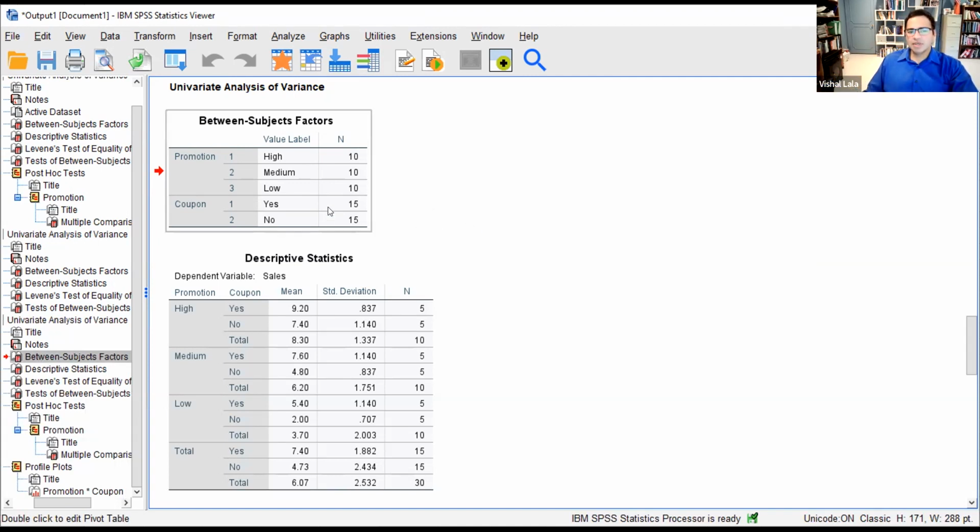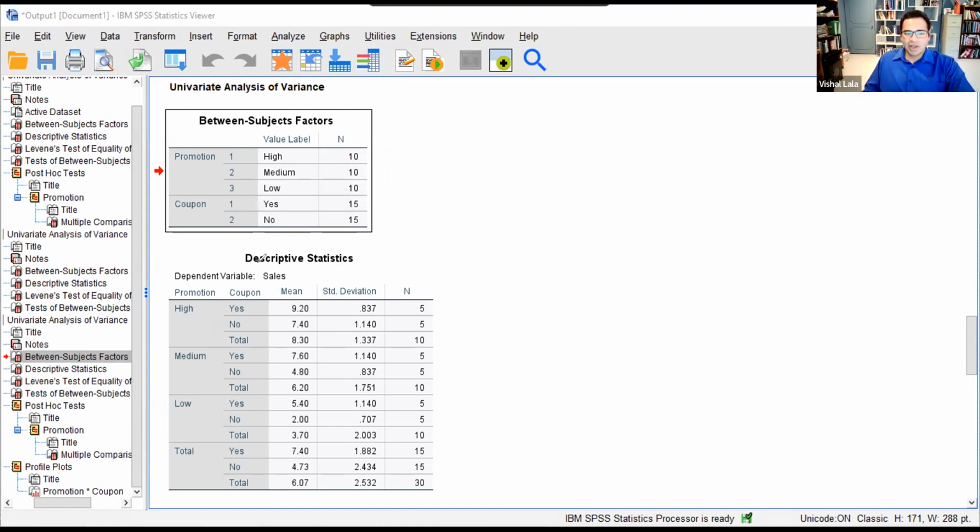Now, if you look at these numbers, we can learn that for each promotion, we have 10 stores. For each coupon type, we have 15 stores. We also have a table that is a bit more complicated than the last one, because now we're looking not just at promotion and coupon individually, but at them as a combination.